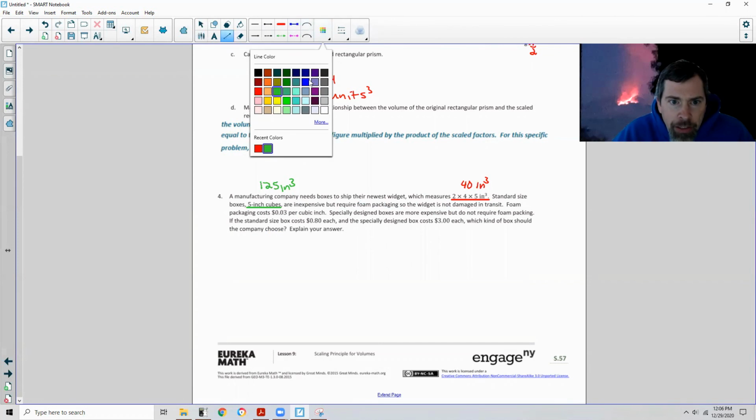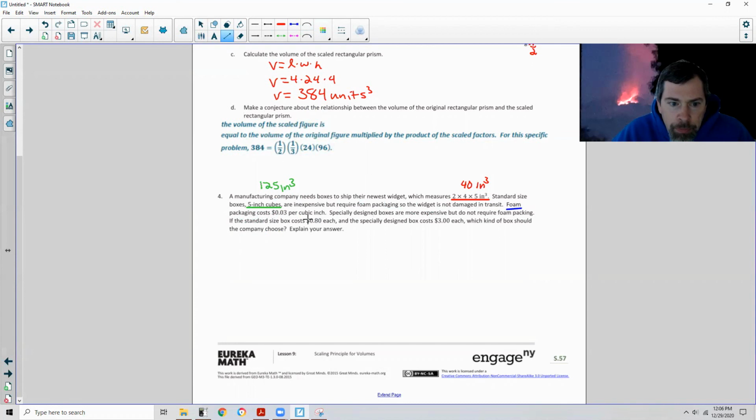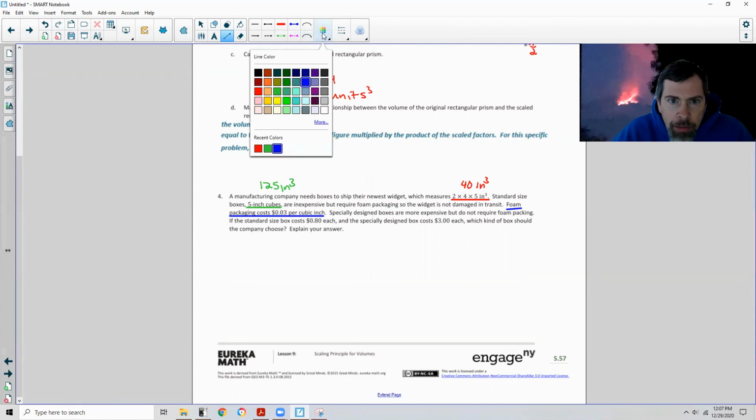The foam packing costs 3 cents per cubic inch. Specially designed boxes are more expensive, but do not require foam packing, okay?